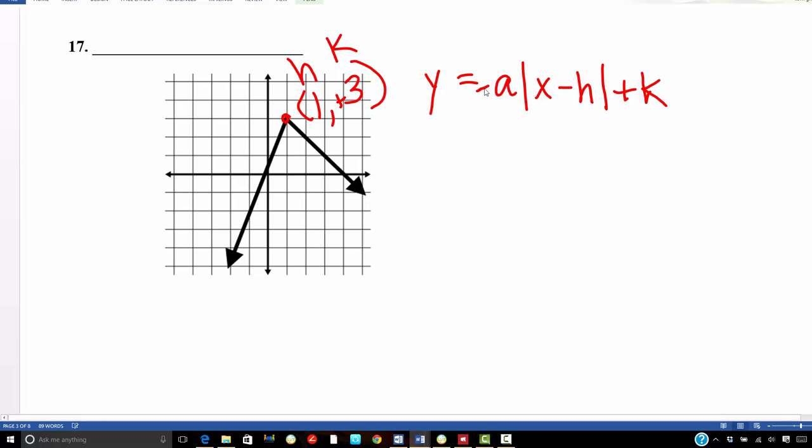We just need to figure out what the exact amplitude is by picking one other point. And this one's pretty easy to find. Just from the vertex to one other point, we're going down 1, right 1. So that means our amplitude is -1 over 1, which of course just simplifies to -1.